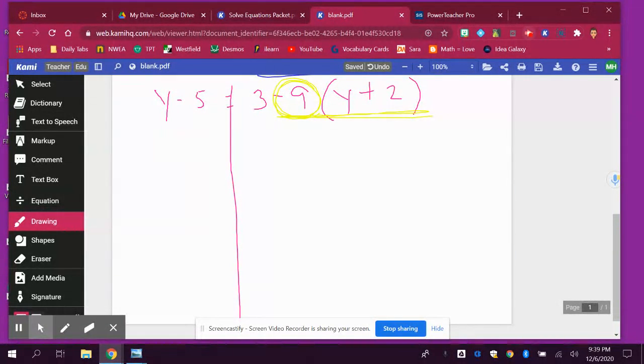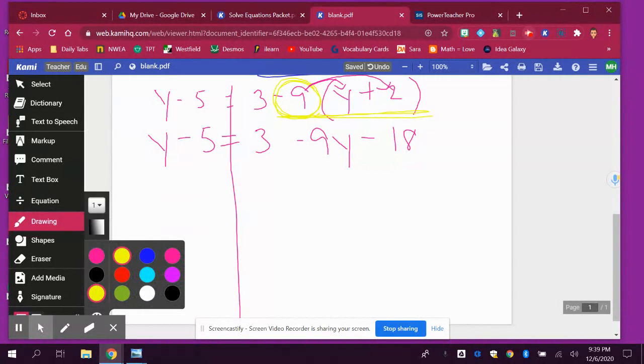So let's distribute that negative 9 to y. Negative 9 times y is negative 9y. Negative 9 times 2 is negative 18. I'm going to bring down everything else. So I have a brand new equation. Next, I'm going to look for like terms. Again, on the left side, it's already simplified.